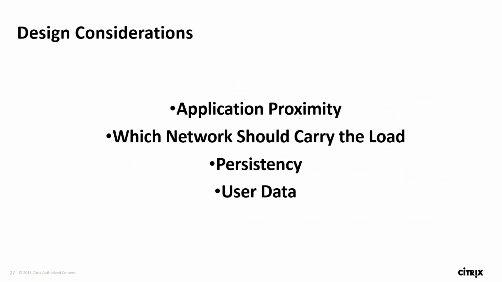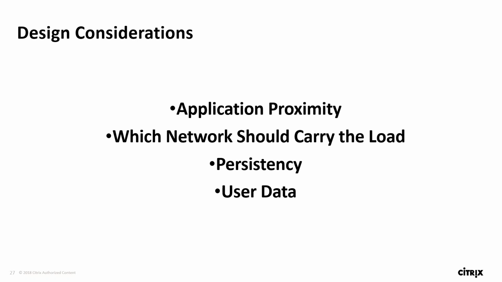Application proximity. Some applications do not support multi-site deployment due to complexities of synchronization, possibly licensing or geopolitical reasons. Which networks should carry the load? The location of application data determines which network should carry that traffic. Persistency.